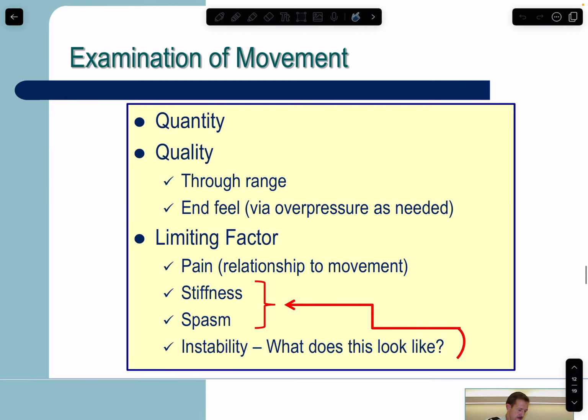So here's what should be in your mind when you're looking at motion, and that is how far they move, what's the quality of movement. So if we look at someone's neck range of motion, and it looks fairly symmetrical, like if we put our hats on, if we were AFM docs, and I look to the left and I look to the right, it's like, yeah, it looks good to me.